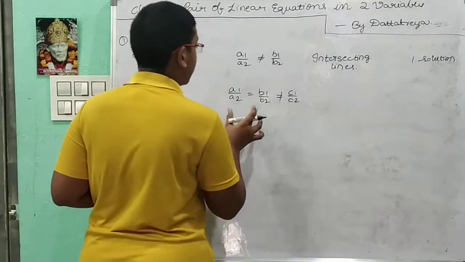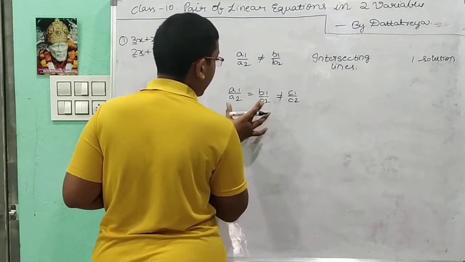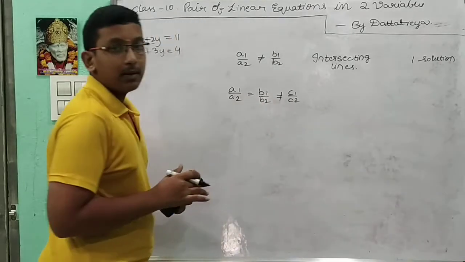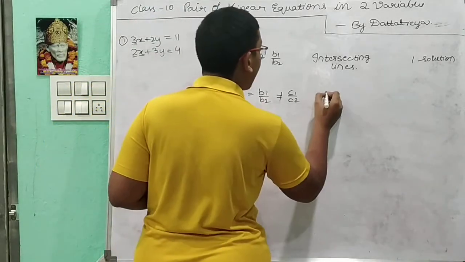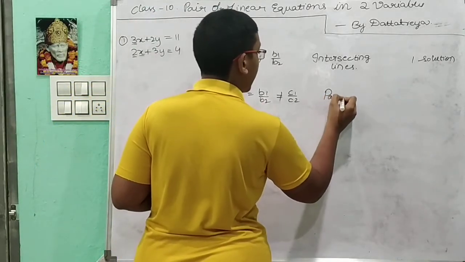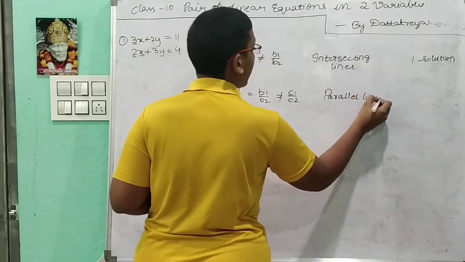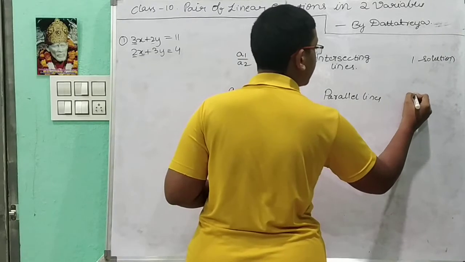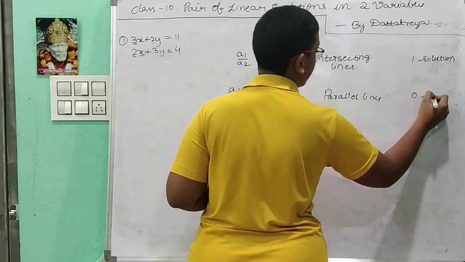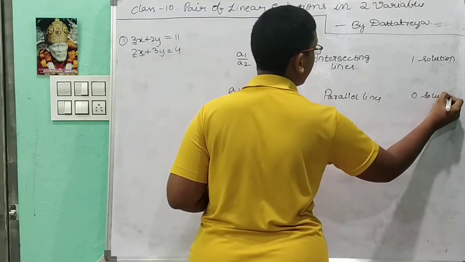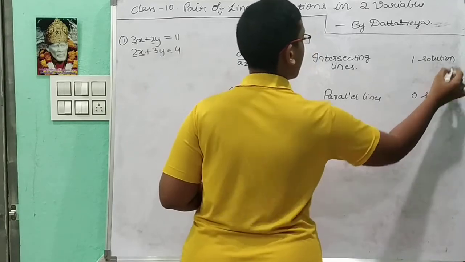If the first two ratios are equal and the last two are not equal, then they are parallel lines. Now these lines have zero solutions. It means they don't contain even one solution.